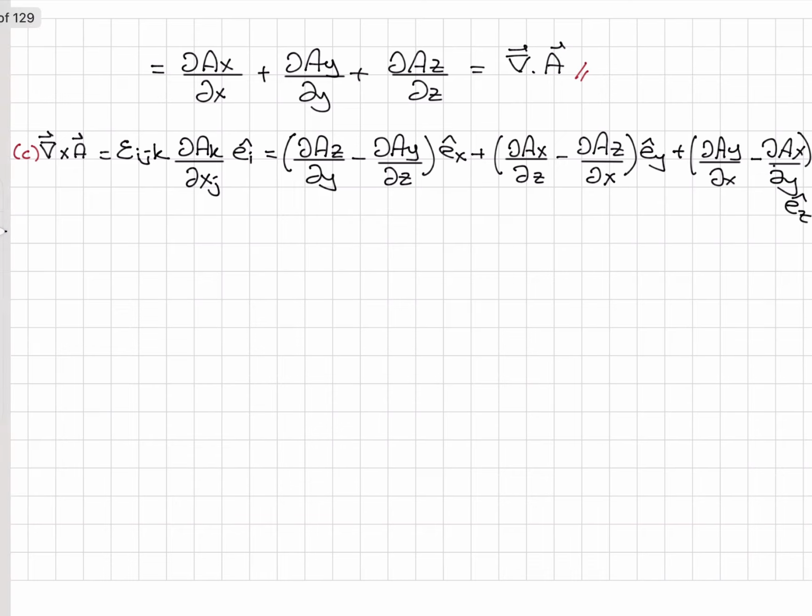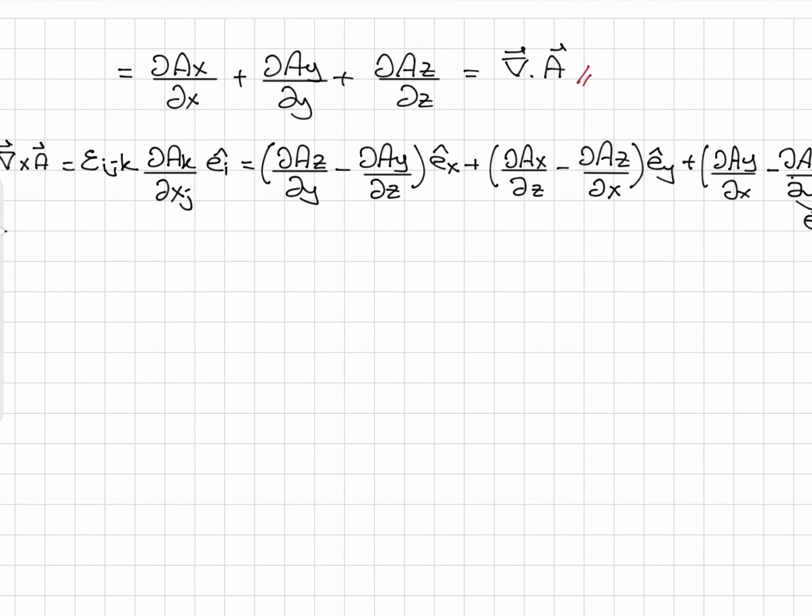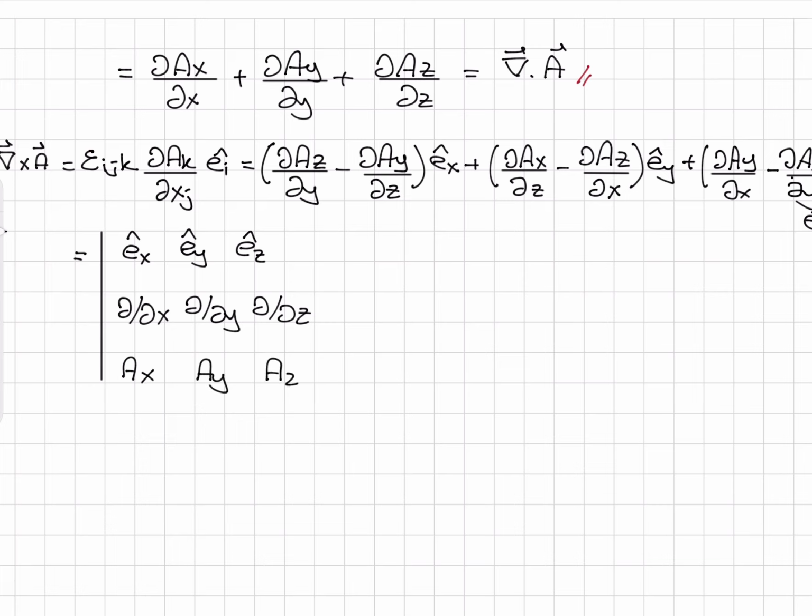Okay, and we can also recall this using the determinant. So we can look at this determinant explicitly. Ex hat, ey hat, ez hat, del x, del y, del z, ax, ay, az, and with respect to the first row, plus, minus, plus, we can write the same thing.